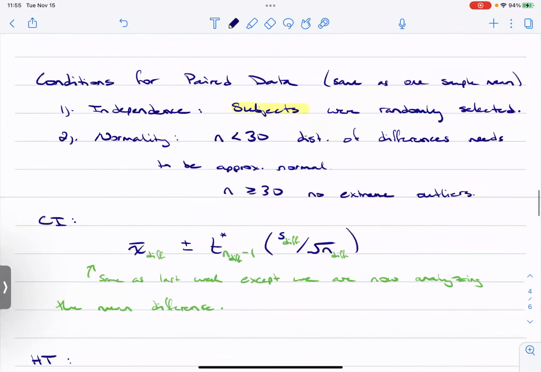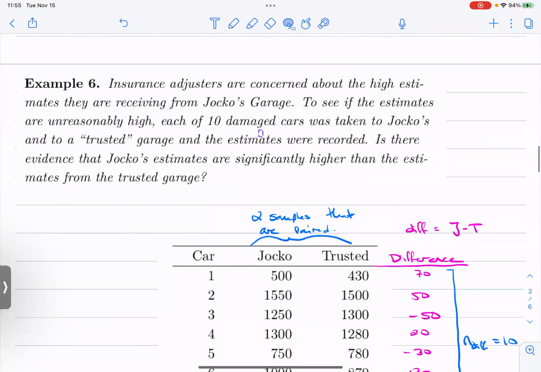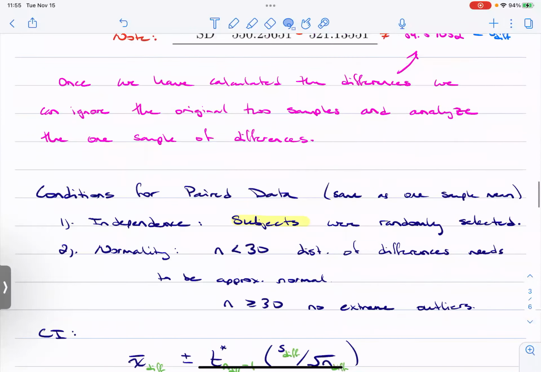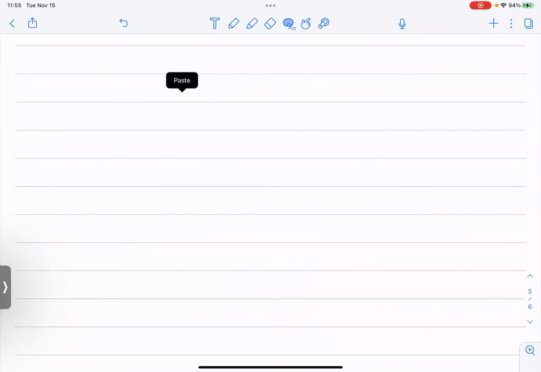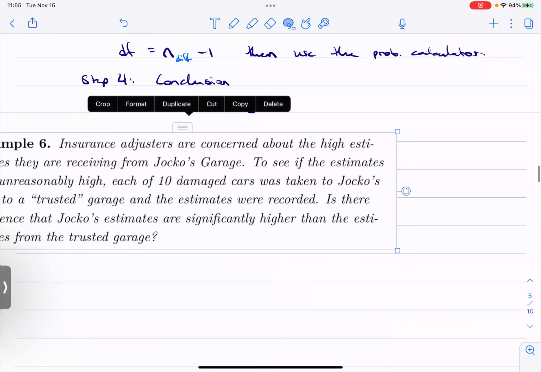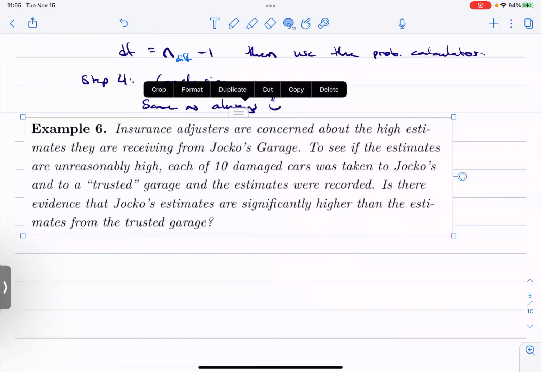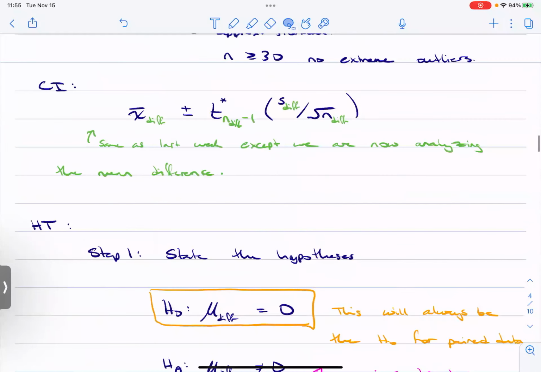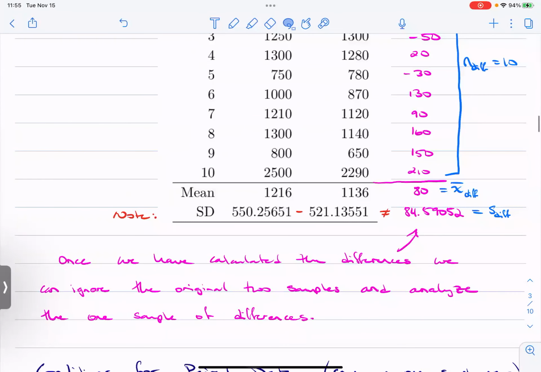I'm going to nab this blurb and just the summary information here. This is all the information that I need.